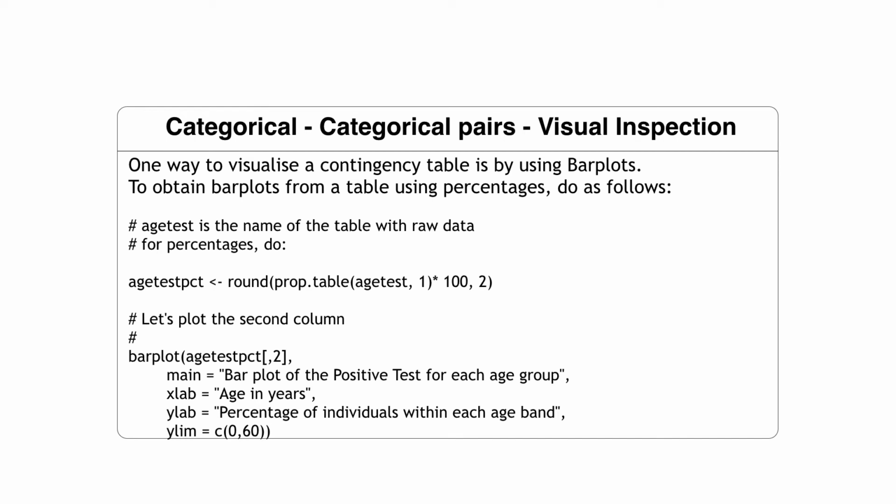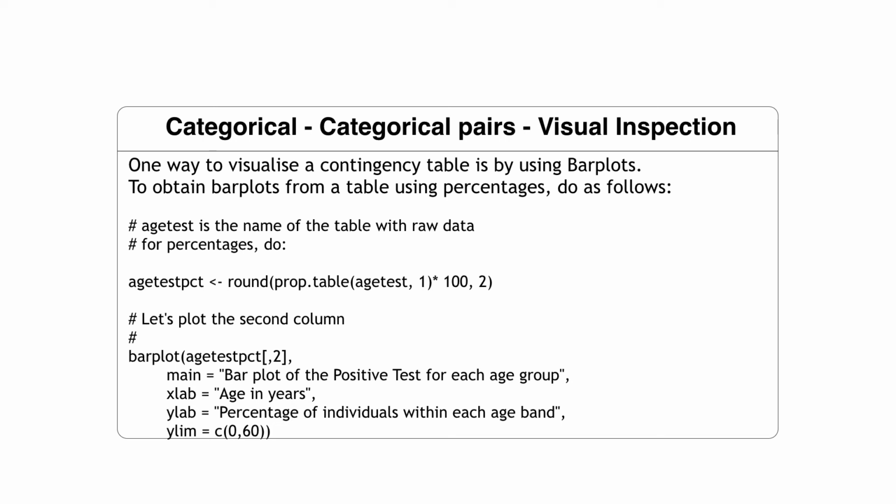So we said, give me the row percentages, and therefore we use another function called prop.table, and then within the table object we specify that we want row, and the indicator for row is 1. The indicator for columns is 2. So if you wanted column percentages, we would have put age test comma 2.